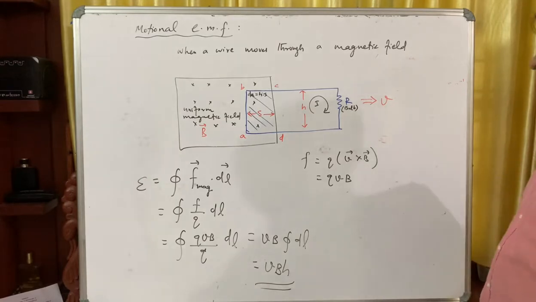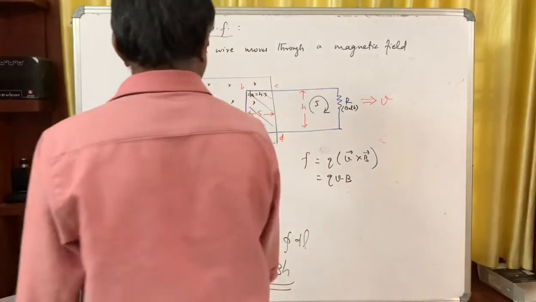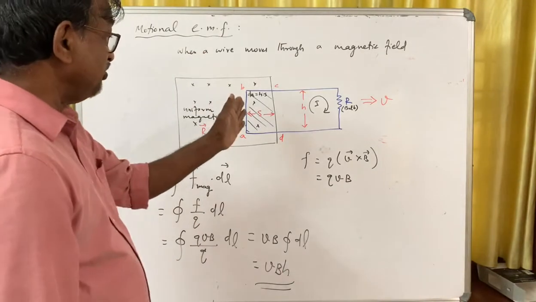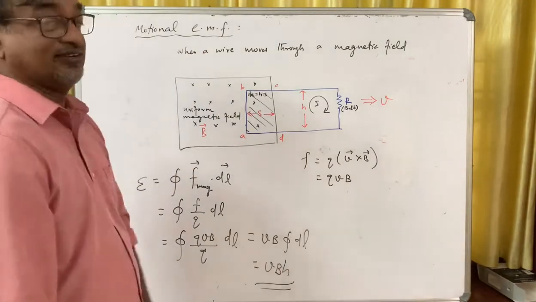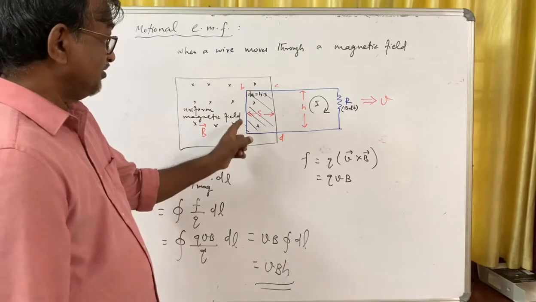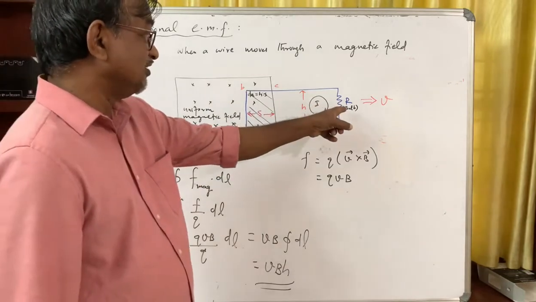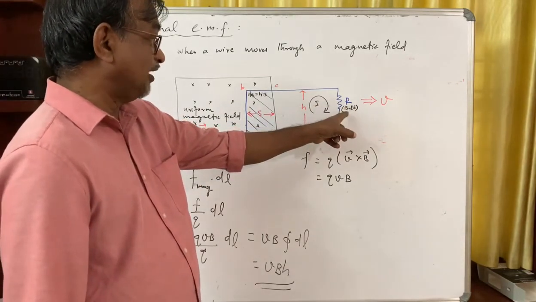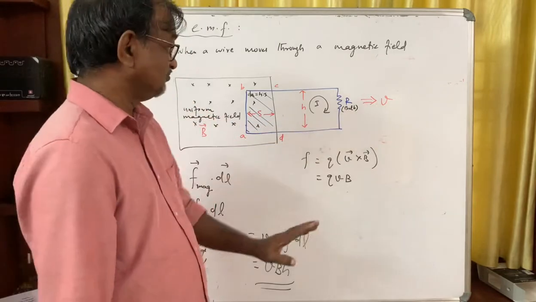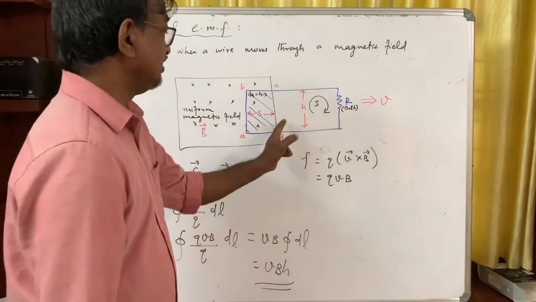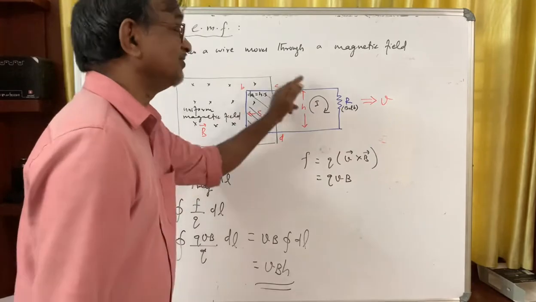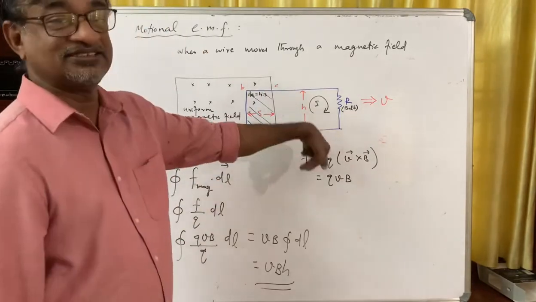So what happens? An EMF is induced in the wire. Due to this EMF, the bulb will glow, which shows that a current is flowing in the circuit in the clockwise direction.